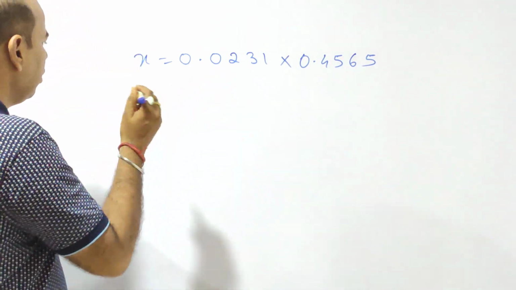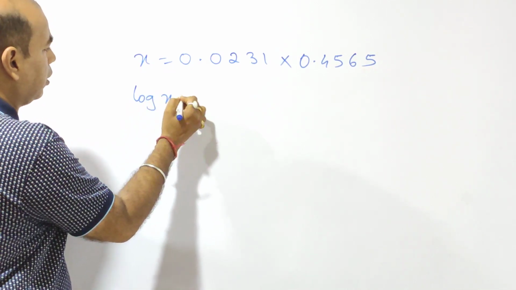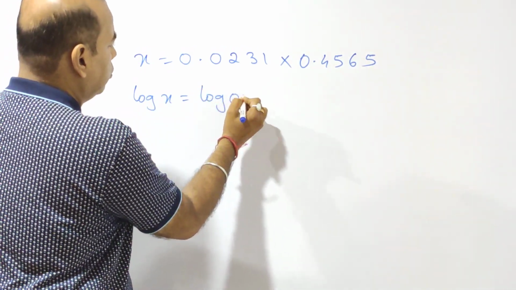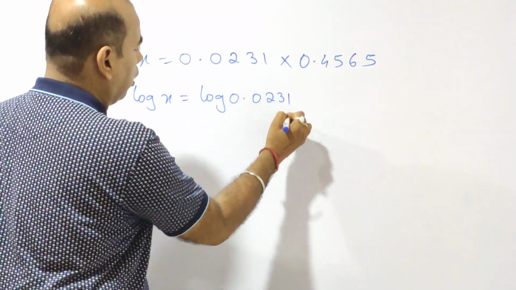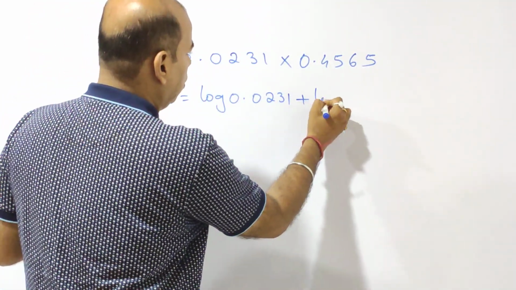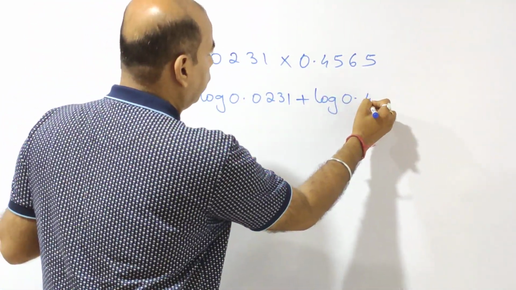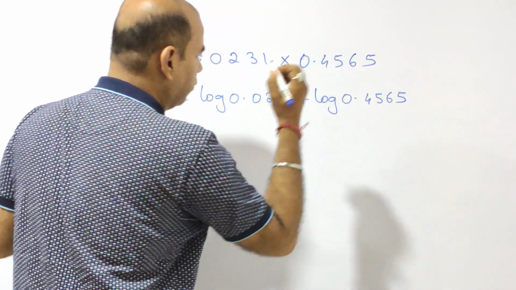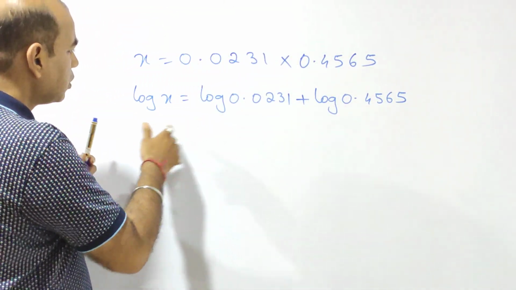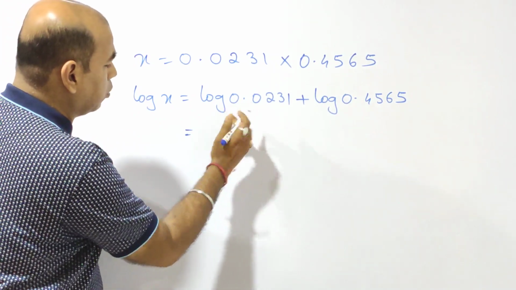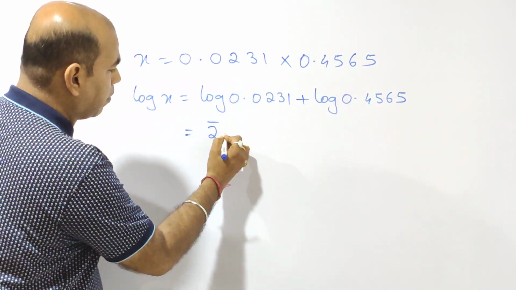So what will I do now? I will take first log x equals to log 0.0231 plus log 0.4565. Now this is 0.0, so the characteristic is 2 bar.